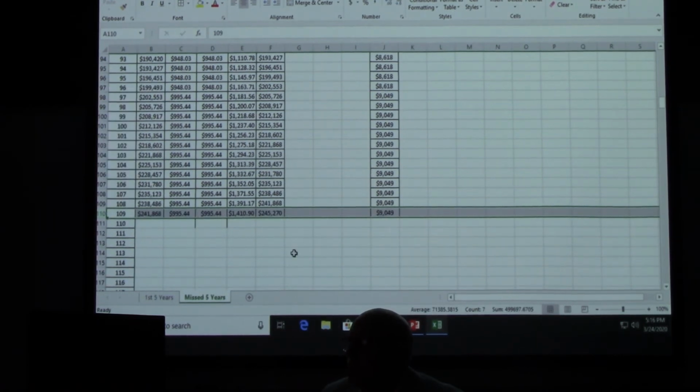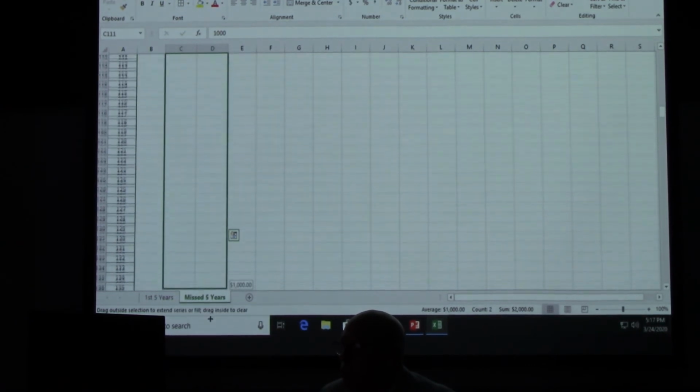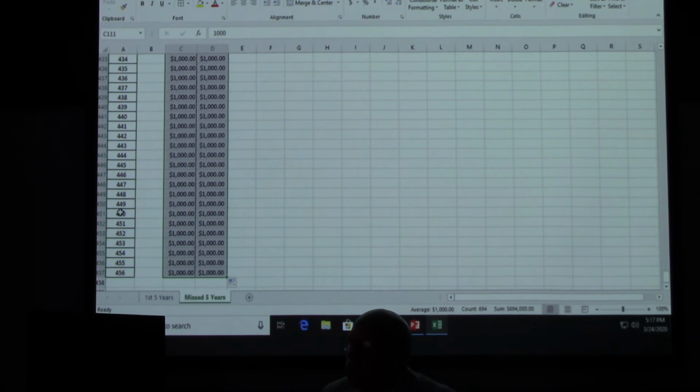All right? So now what we have is a contribution of $1,000 here and a matching contribution of $1,000 there. And we can take those all the way down, because those never change.